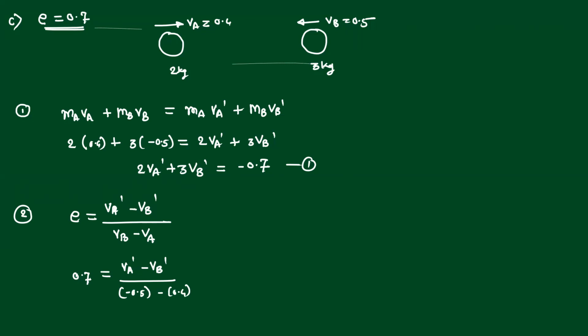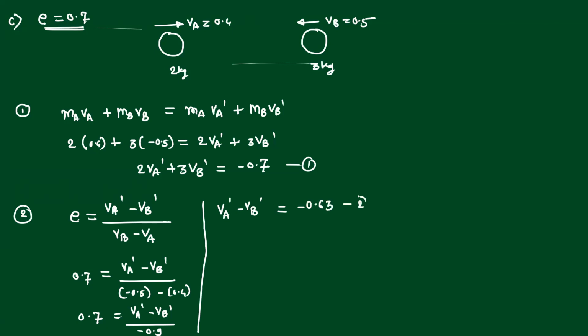VA is positive, only VB is negative because it is on the left side. So from this we get the equation VA dash minus VB dash upon minus 0.9, and E value is 0.7. From this, find out the relation VA dash minus VB dash is equal to minus 0.63. So this is equation 2.